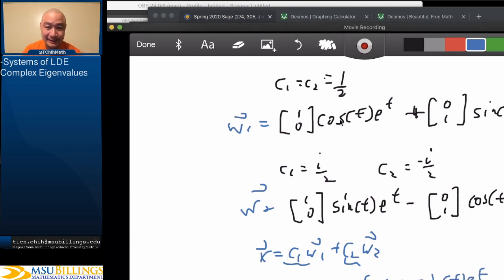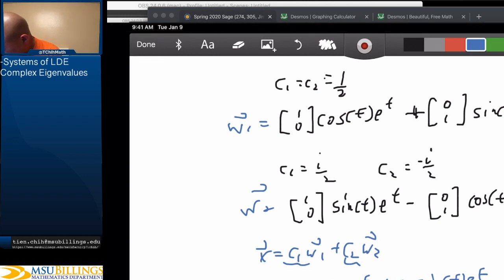I'm combining this with that, and then x2 is going to be the second entry, which is C1 sine of t e to the t minus C2 cosine of t e to the t.